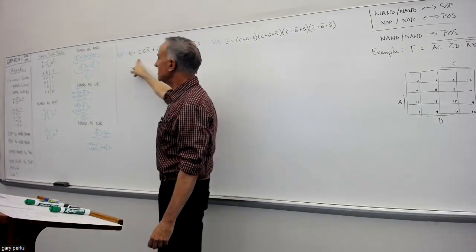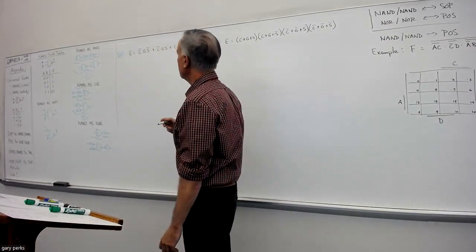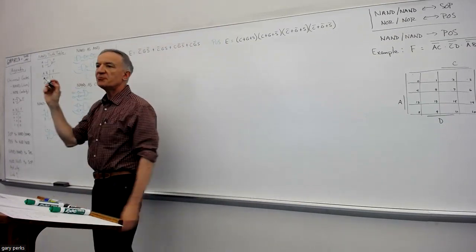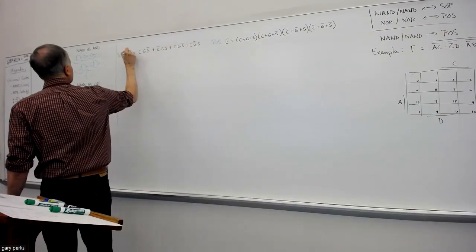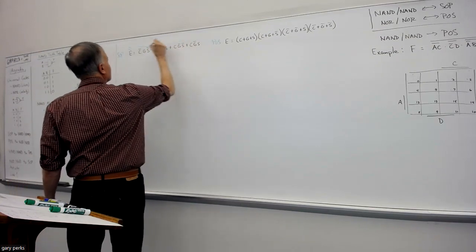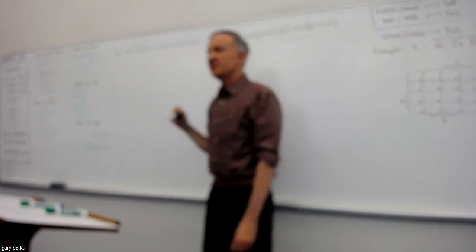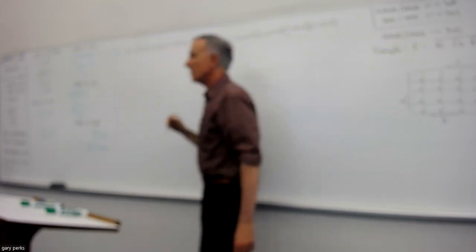We're going to go from this SOP expression to NAND-NAND. The way you do it is first you double knot both sides of the equal sign, because if I double knot, I'm not changing anything. When you double knot a single variable like this, it's the same as just the single variable.